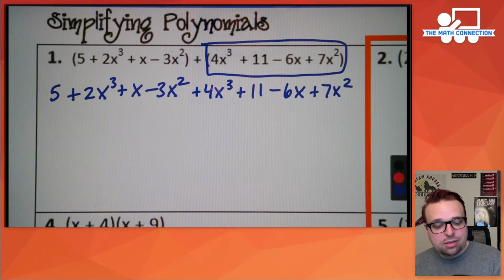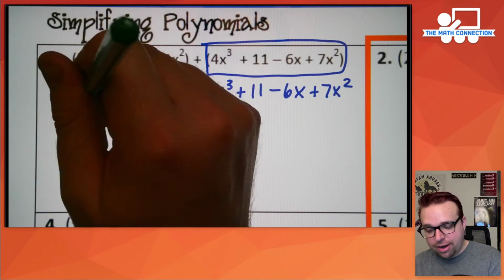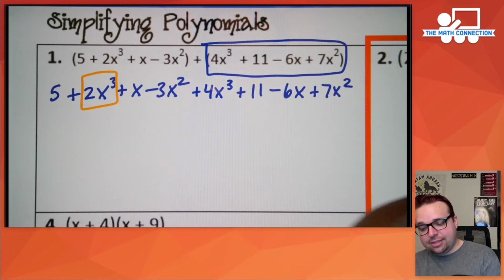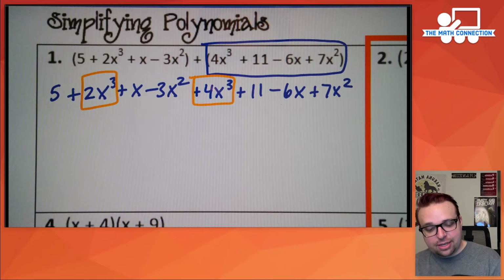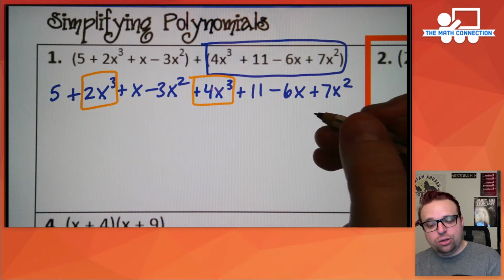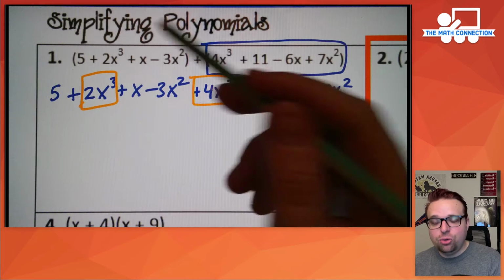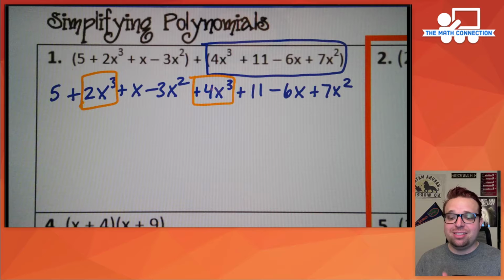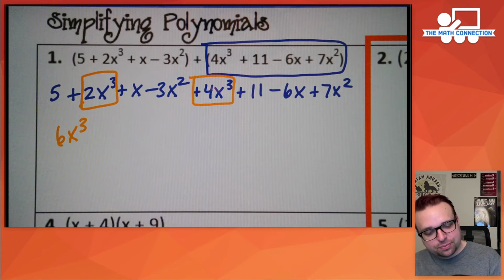Now all you do is combine the like terms. That's it. Let's start with our highest exponent first. This has a cubed, and this has a cubed. The two things that are cubed put together would be 4x cubed and 2x cubed. I have 4 of them and 2 of them, which means together I have 6 of them. So 6x cubed is the first thing.